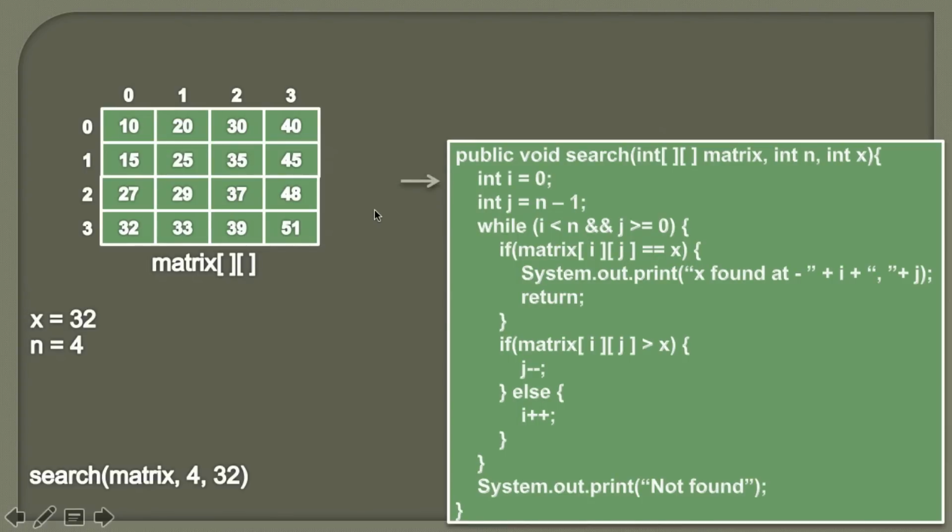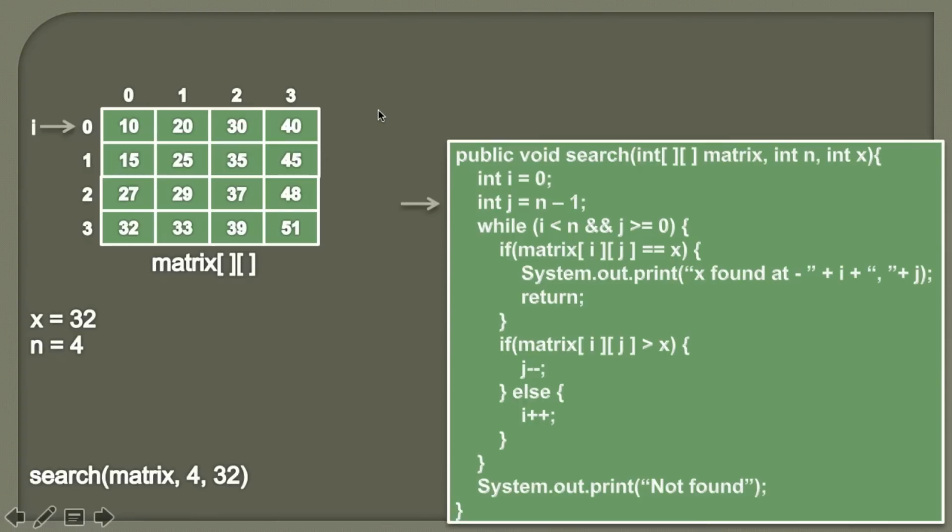In step 1, we'll create an integer variable i which will be pointing to 0. This value i will be pointing towards a particular row of the matrix at a particular index. Currently it is referring to the 0th index row.